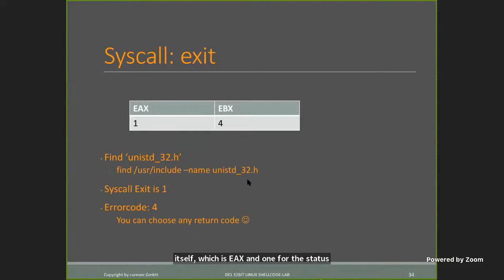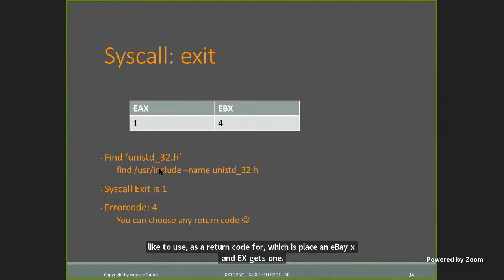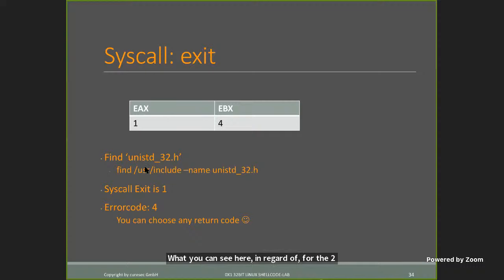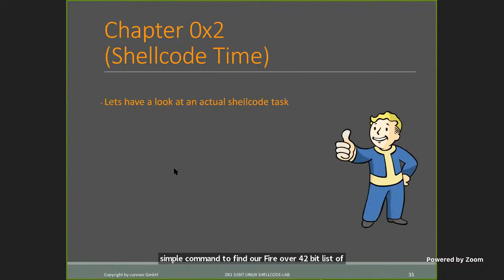I like to use 4 as a return code, which is placed in EBX, and EAX gets 1. What you can see here, in regard of 32-bit, is a simple command to find our file, our 32-bit list of syscalls and numbers.